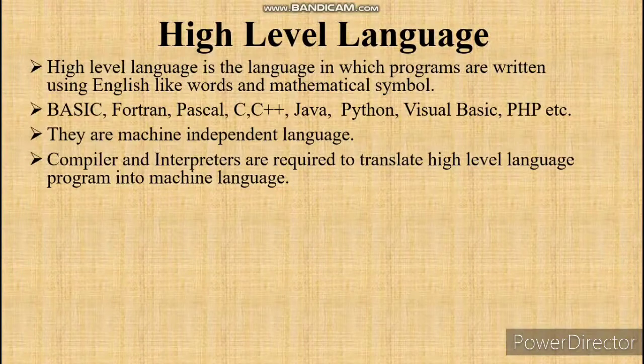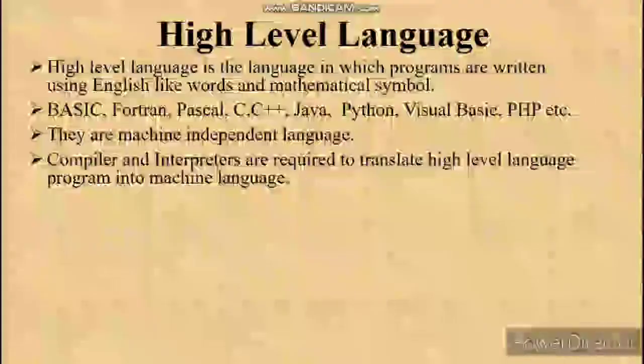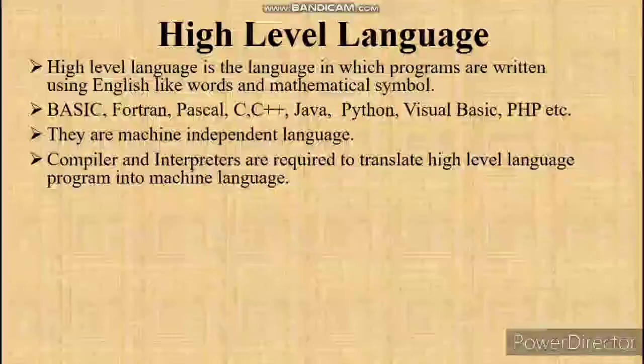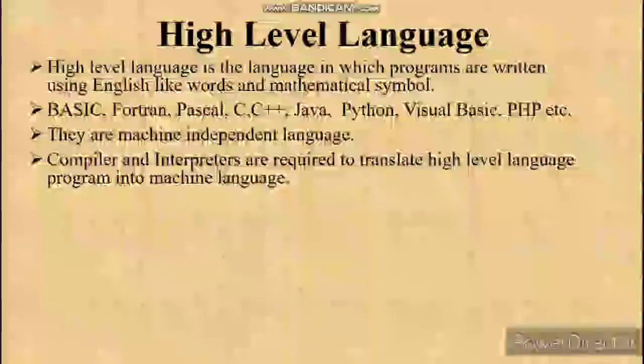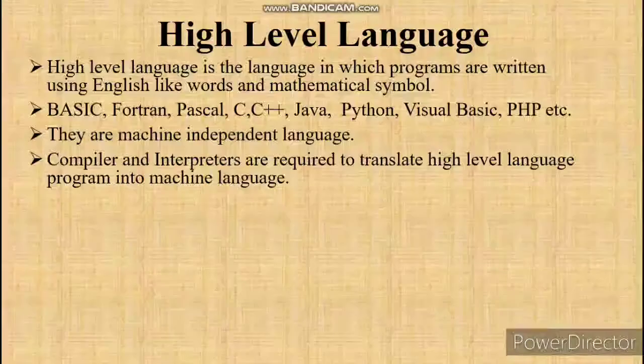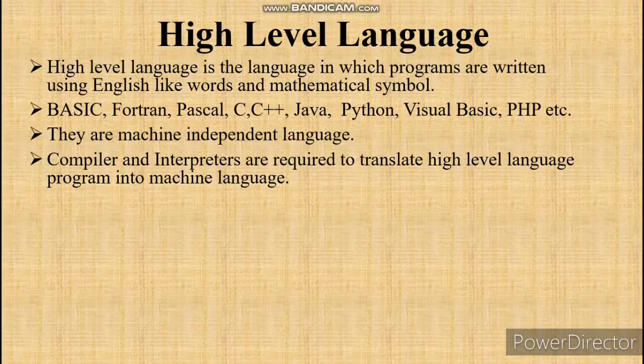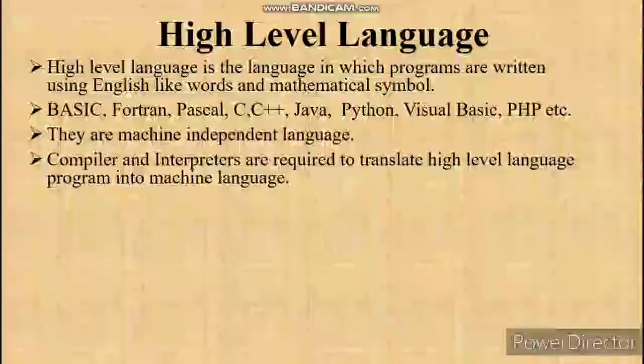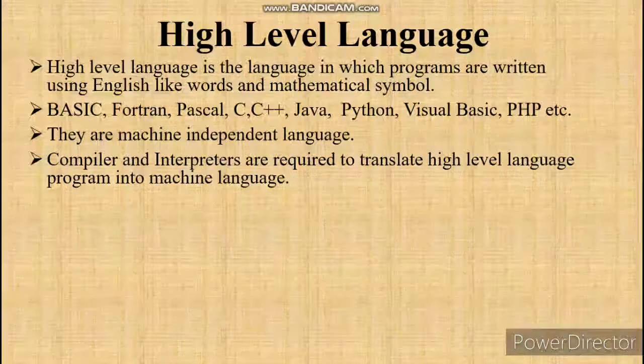So compilers and interpreters are used to translate high-level language programs into machine language. Compilers and interpreters are software used to translate high-level language into machine language. I hope you understand.